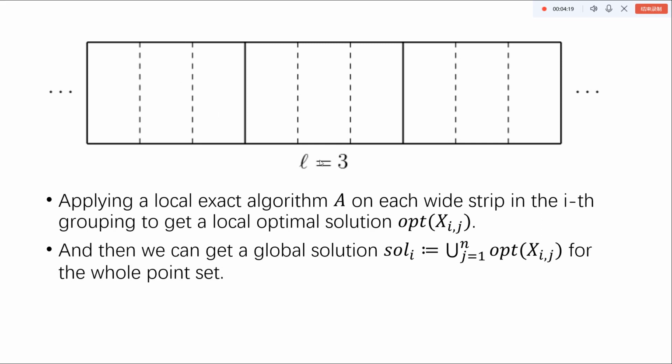For example, when L equals 3, we apply A here to get a local optimal solution, and A here to get another, and A here to get another, and then we combine all the local optimal solutions together to get a global one. The global solution we develop this way is an approximation to the global optimum.